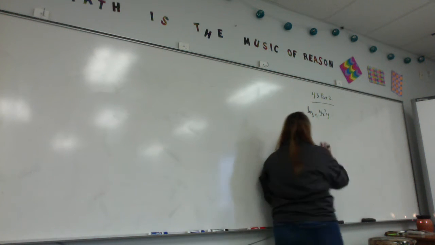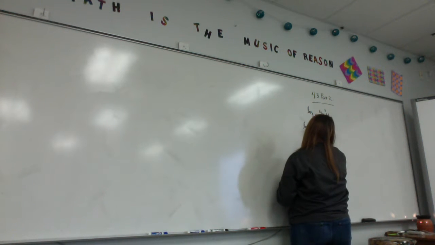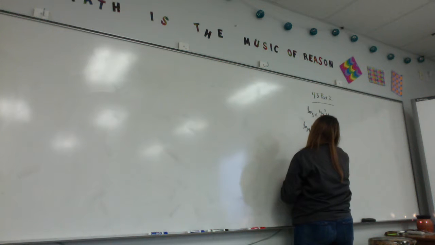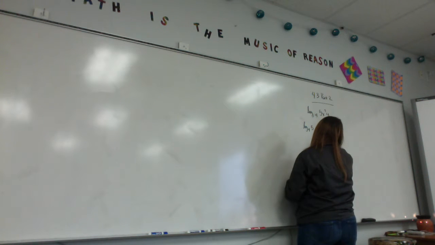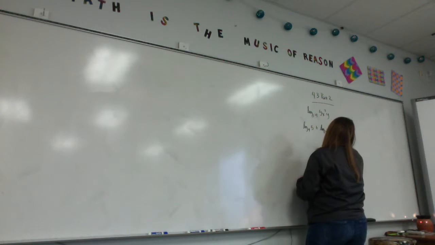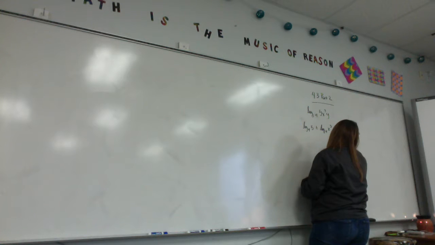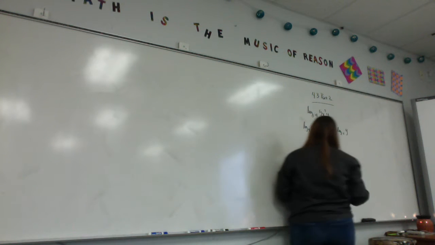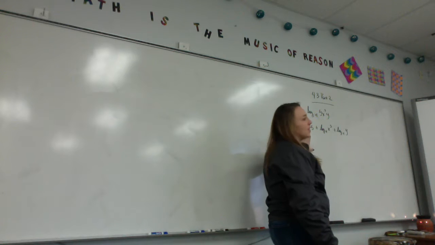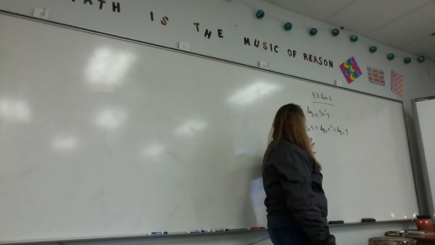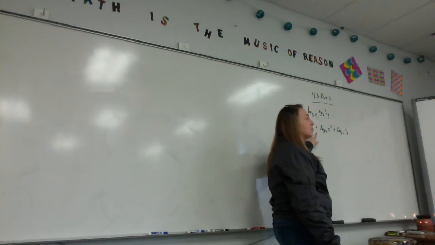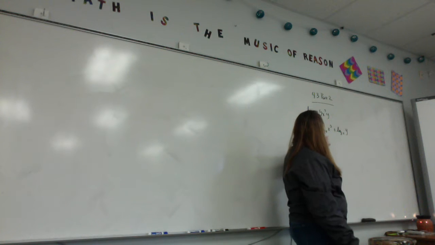We add. Good. So I'm going to say log base 4 of 5 plus log base 4 of x cubed plus log base 4 of y. Now, log base 4 of 5, can anything be done to that? No. What about this one?